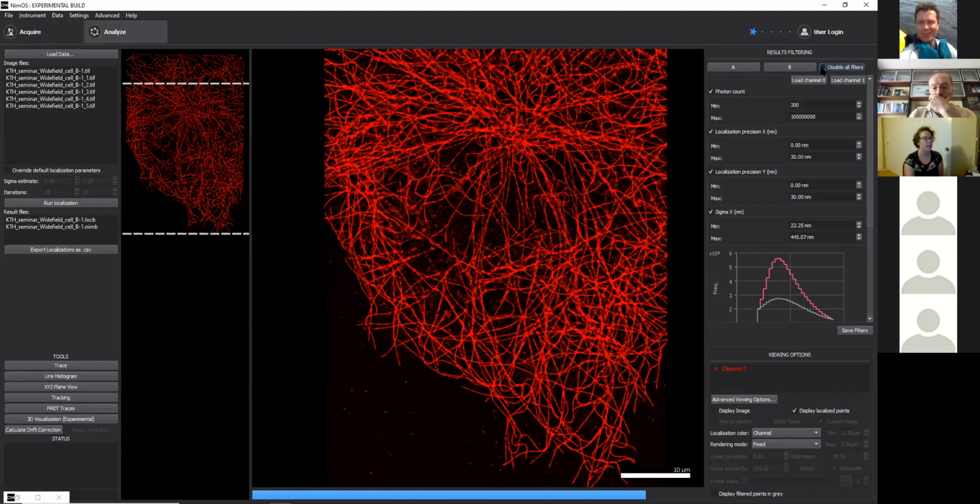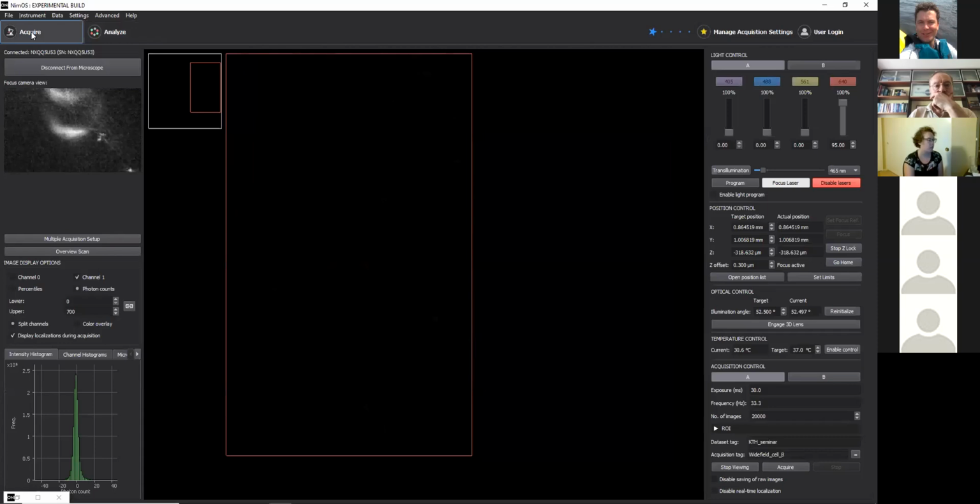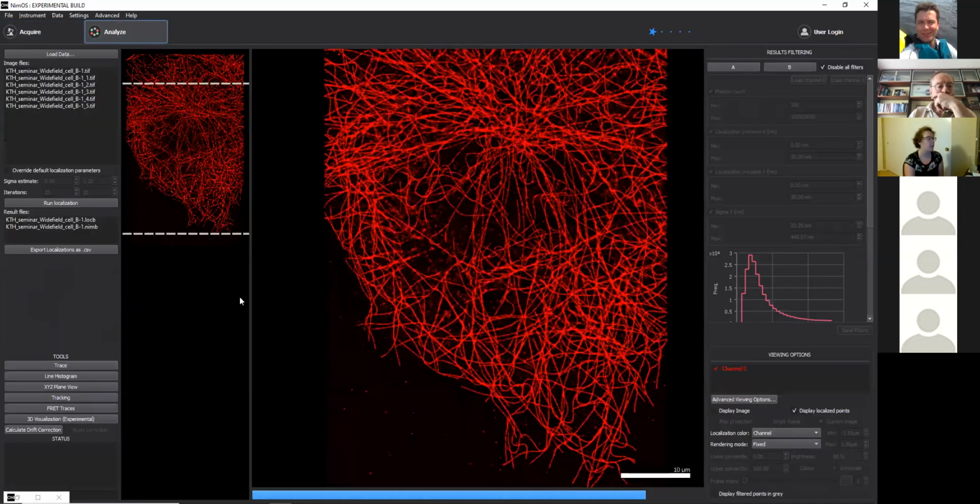So I'm going to actually just disable those again and move back to the Acquire tab. Okay, so everything has saved successfully, so that's great.